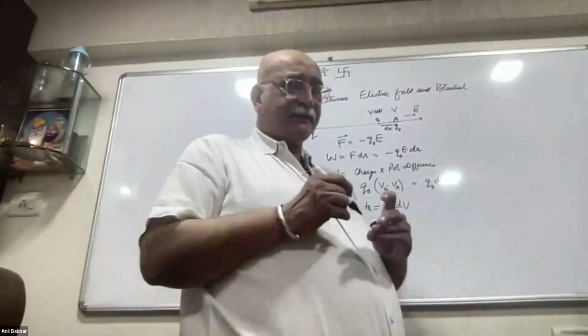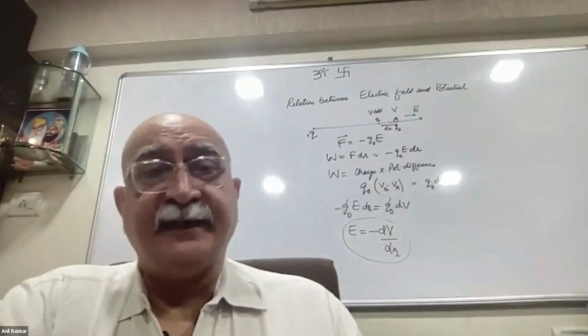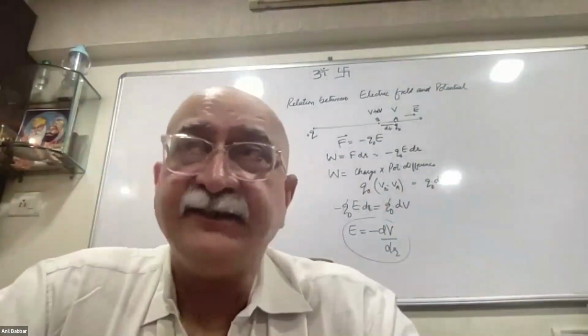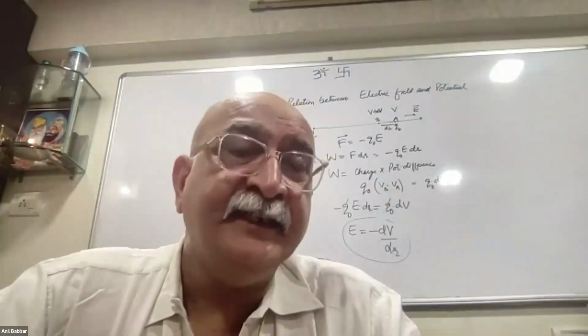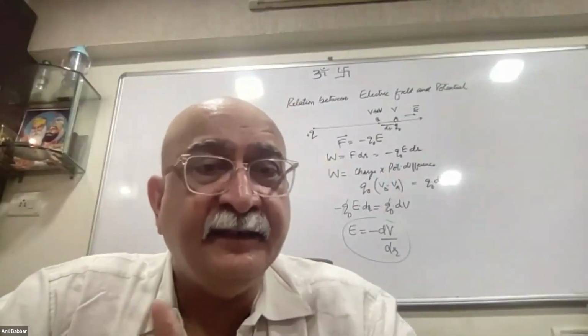Any quantity, when we take it with reference to the distance, becomes its gradient. So the negative of the potential gradient is the electric field. So E is minus dV by dr.